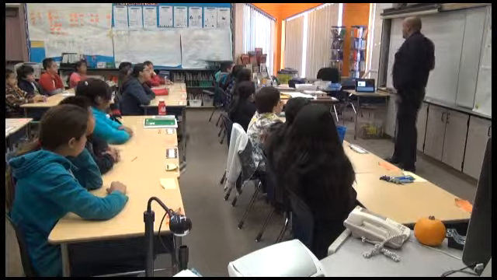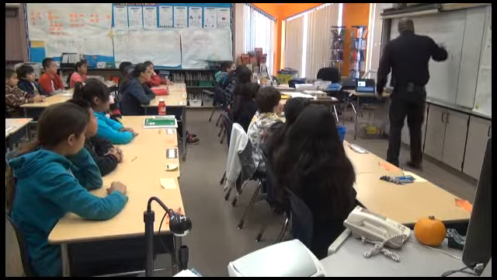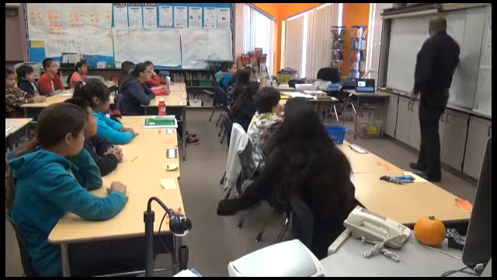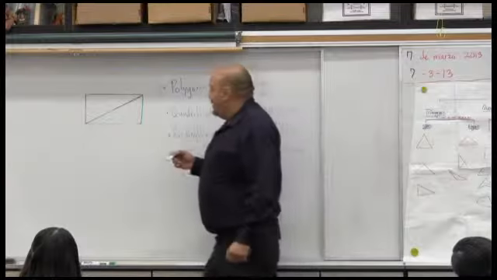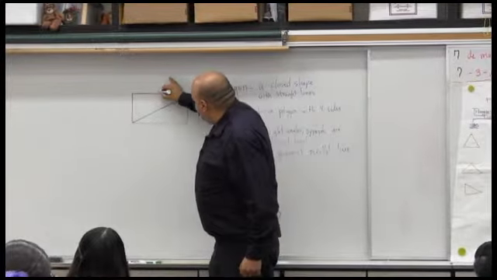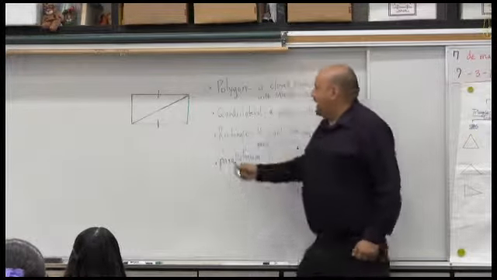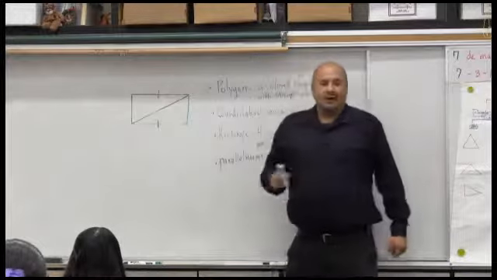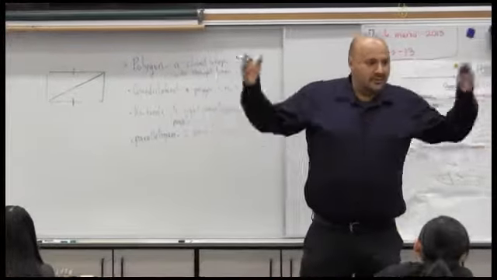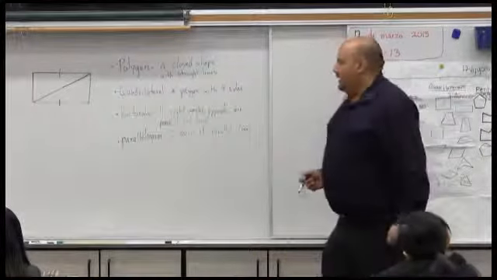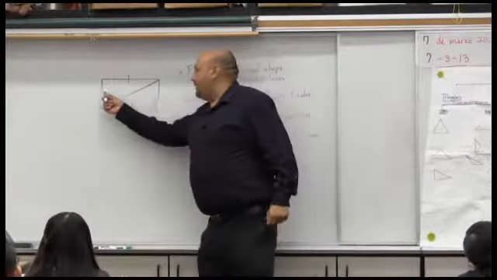Yes. The opposite sides. We said opposite sides are equal or congruent. So the way I label that is I put a line on it, that symbol right there tells me that they are congruent. They are the same. They're equal.